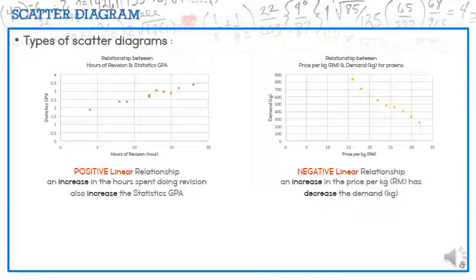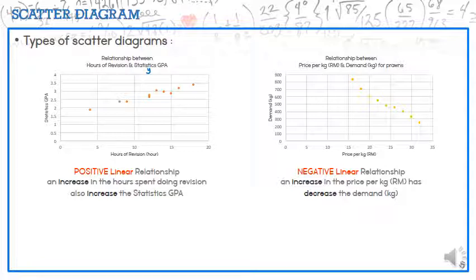In this first scatter diagram, I plotted the relationship between hours of revision and statistics GPA. So logically, your GPA depends on hours of revision. Statistics GPA depends on that, so this one is the dependent variable.